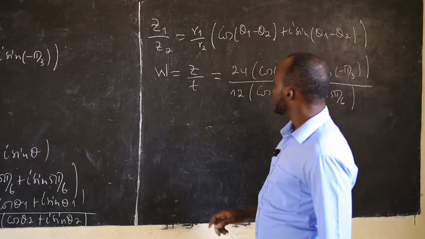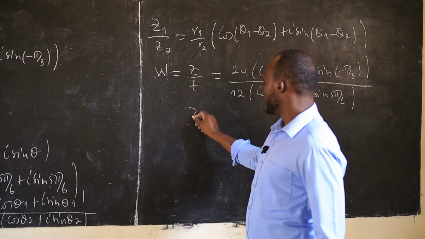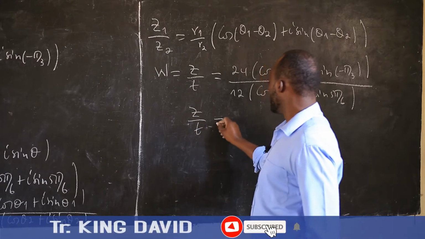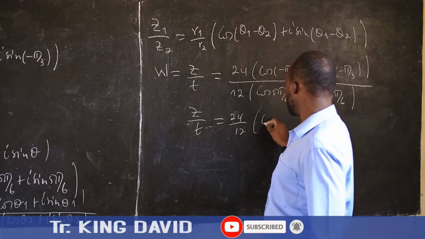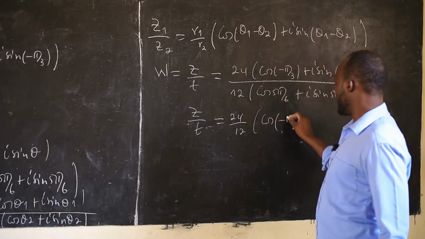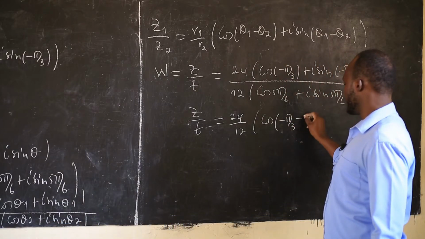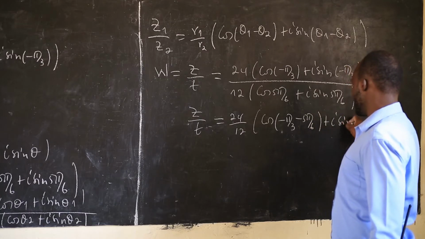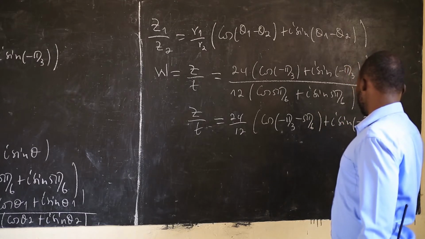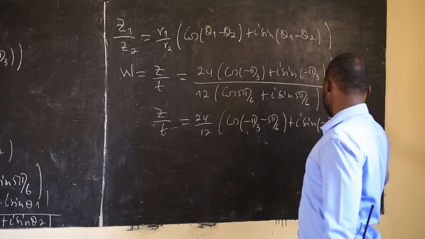So now, with R1 over R2, which is Z over T, it will be equal to 24 over 12, then cos of negative pi over 3 minus 5 pi over 6 plus i sine of negative pi over 3 minus 5 pi over 6.